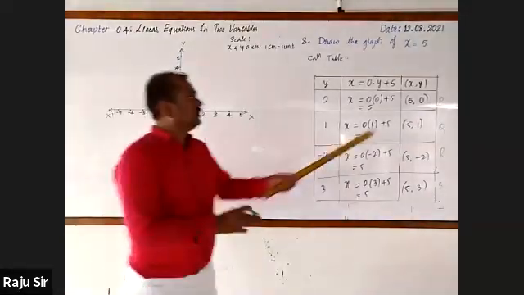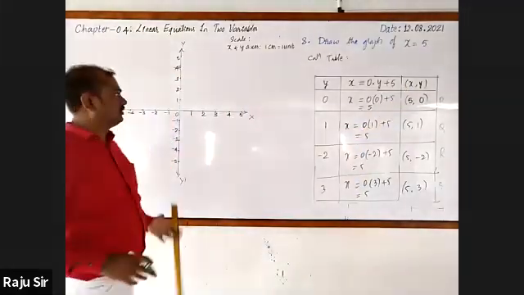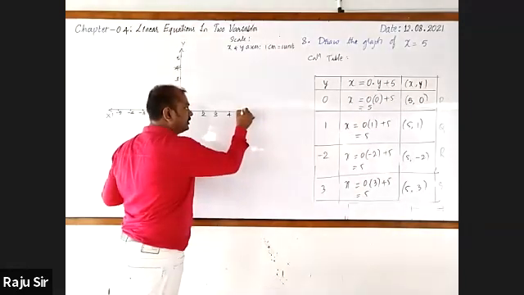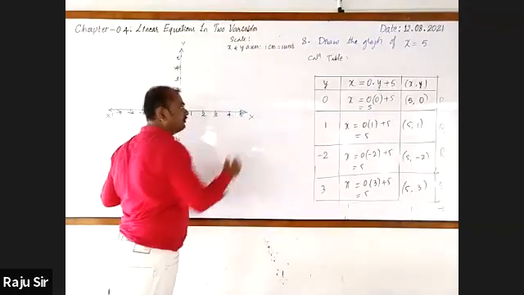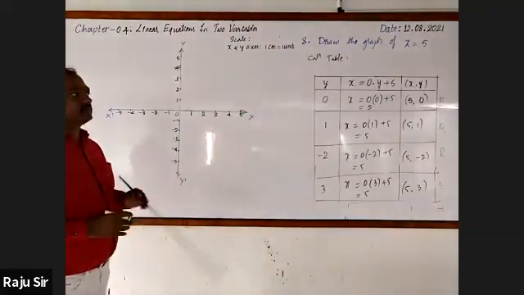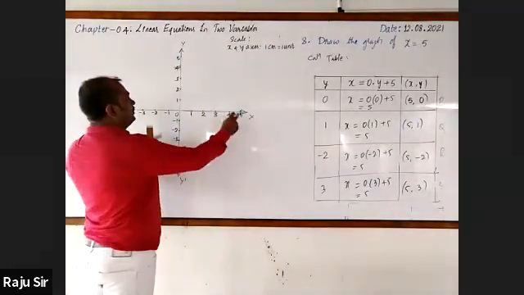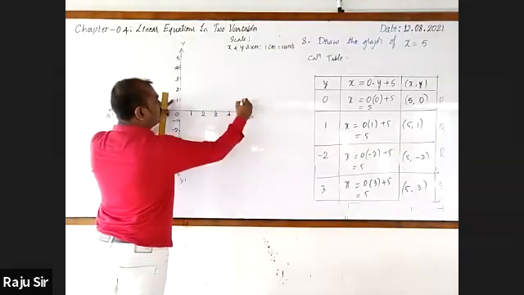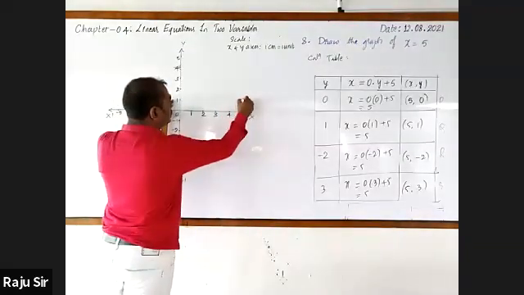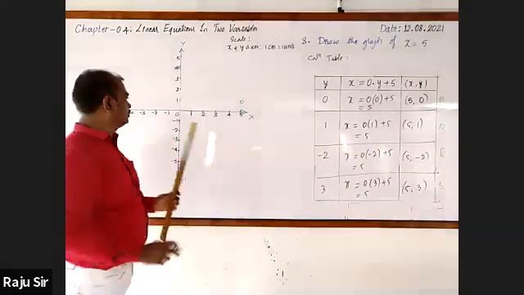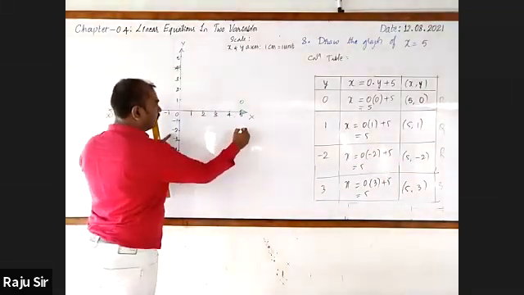Point (5, 0) lies on the positive side of the x-axis. Next, (5, 1) is in the first quadrant. That point comes here. (5, -2) is in the fourth quadrant.